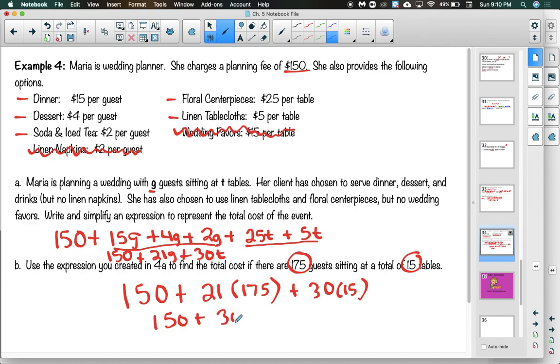Wow, that's a lot of money, huh? 3,675 plus 30 times 15 is 450. And if we add all those together, 150 plus 3,675 plus 450 is $4,275. That's a lot of money to spend on that wedding service.